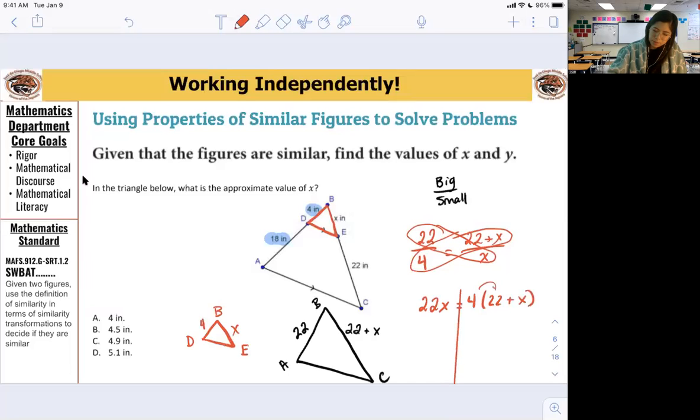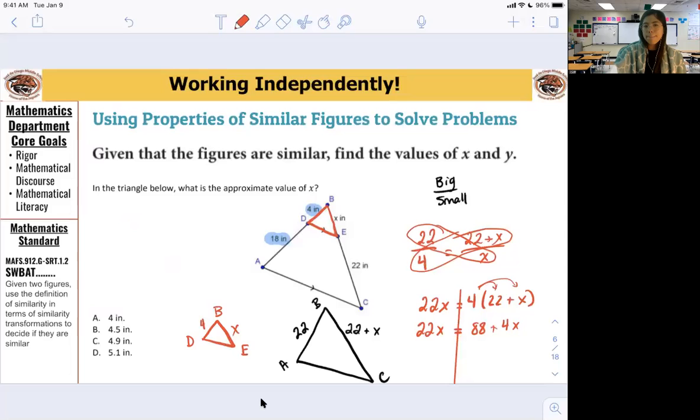Let's distribute and then solve. 4 times 22 is 88. 4 times X is 4X. Go ahead, take it from there and see what you get for X. I got 4.888.